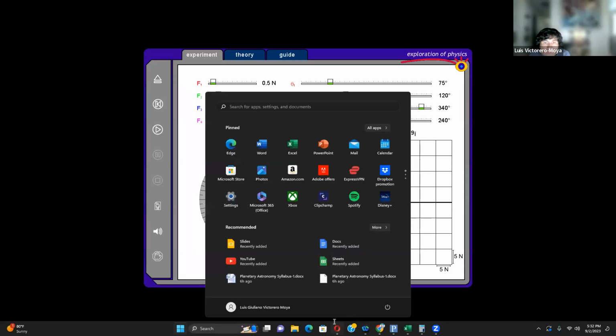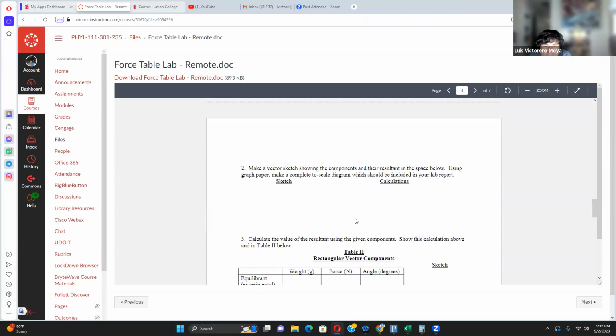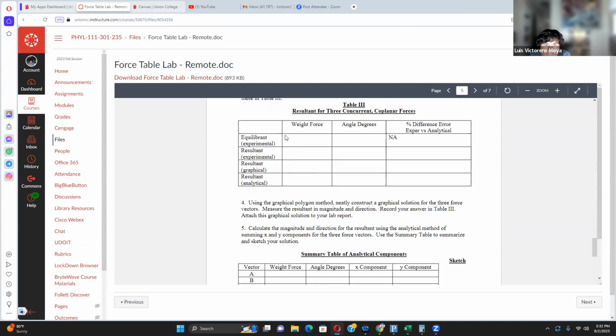So you need to complete. You only need to write the equilibrium, the resultant, show the graph, so there's nothing to write here, and the analytical, how you find the analytical. So experimental is what you read from the software. Analytical is doing it on paper. And then you have to do a percentage difference between the experimental and the analytical.